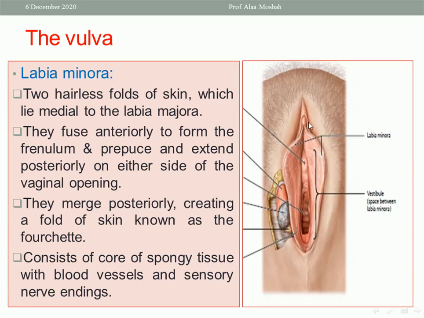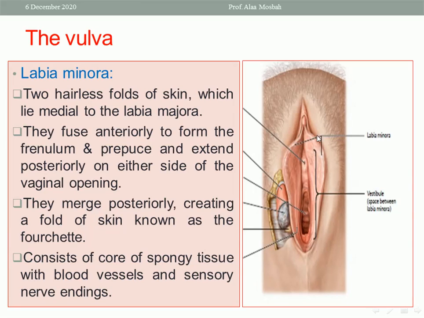This fold is called the frenulum, and this part is called the prepuce. The prepuce partially covers the glans of the clitoris, and is also called the clitoral hood, or prepuce of the clitoris.